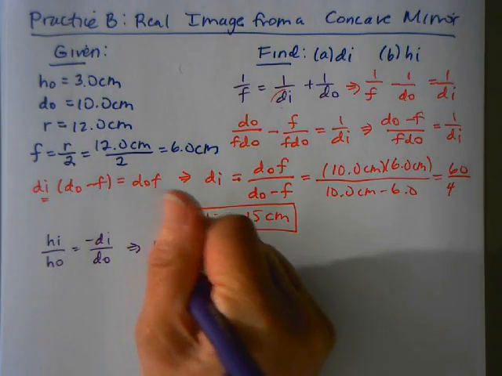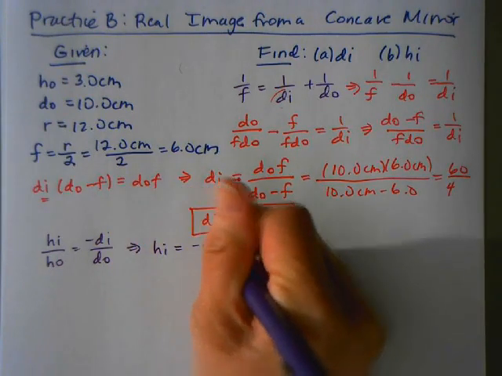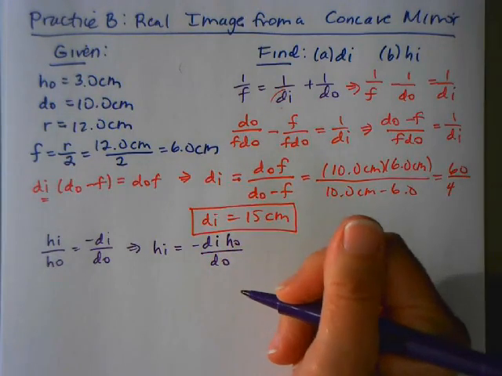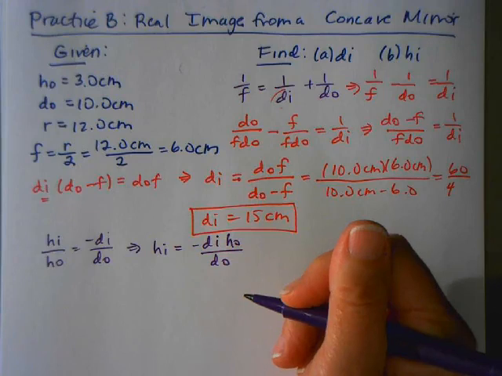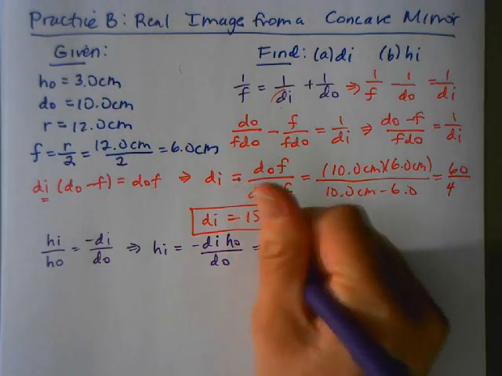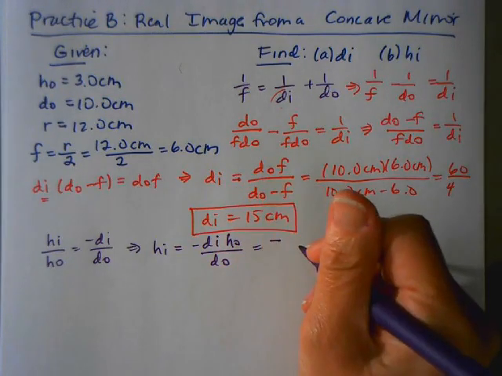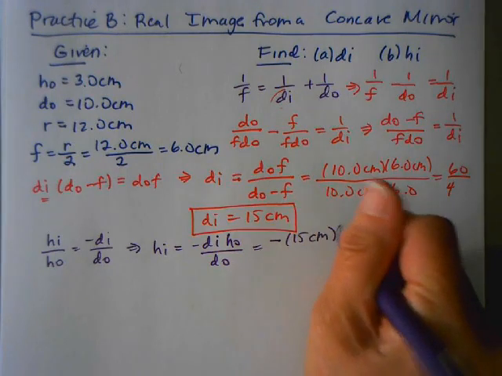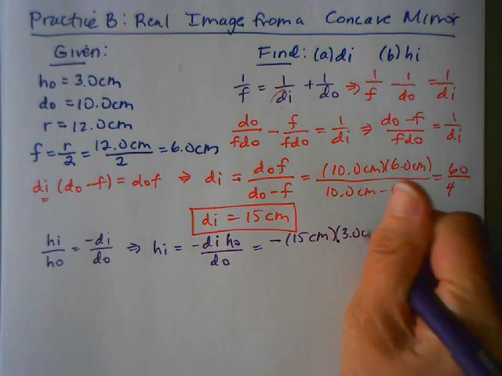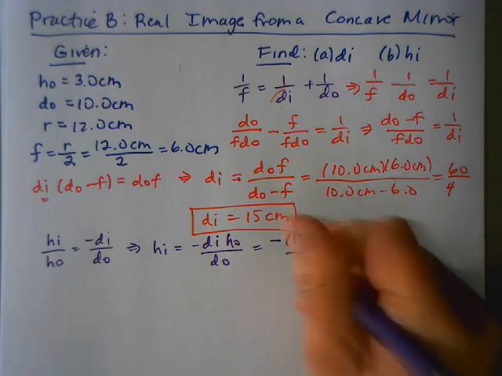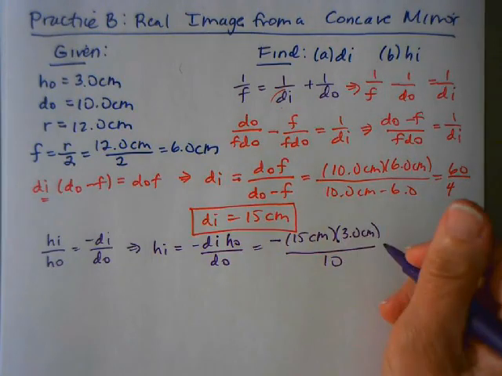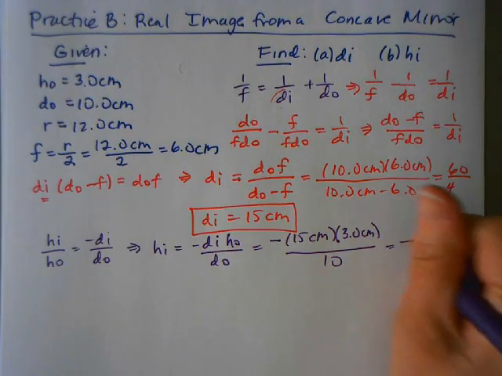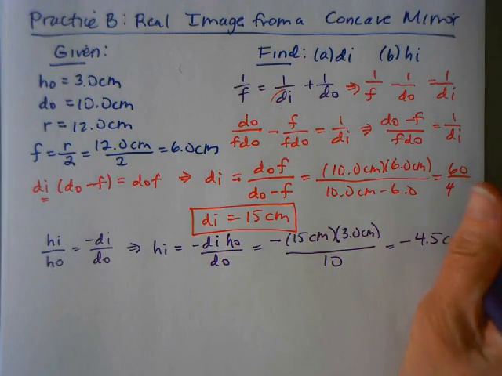So HI is negative DI times HO over DO. So then it's negative DI, which would be 15, times HO, which would be 3, divided by DO, which is 10. So 15 times 3 is 45, divided by 10. So this is going to be negative 4.5.